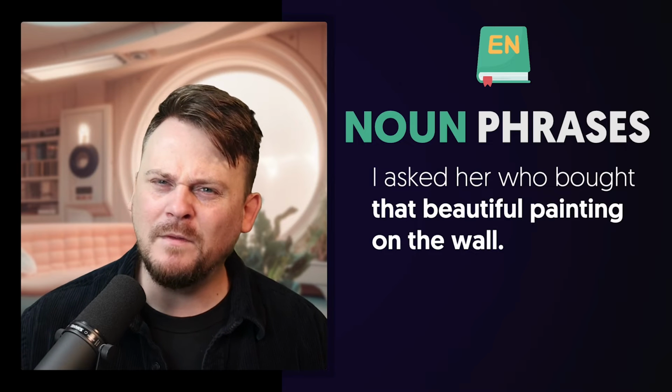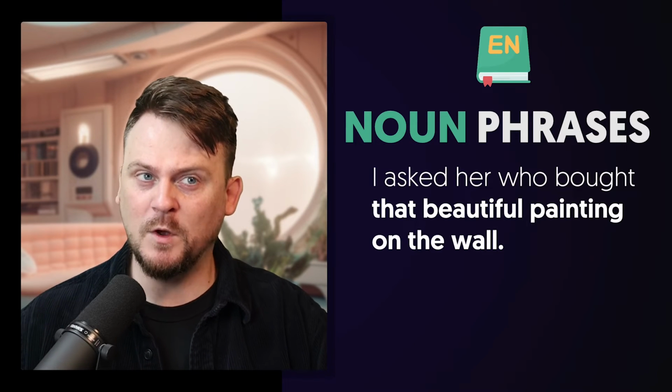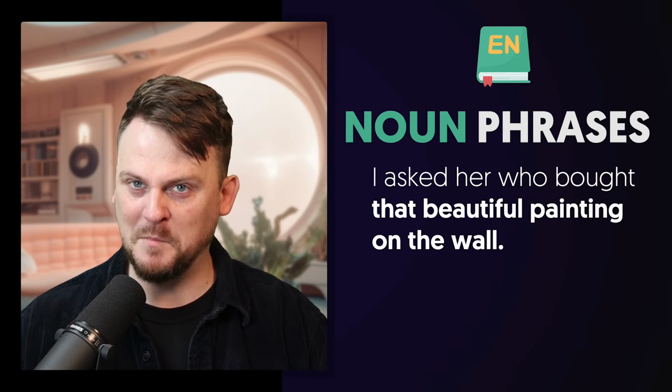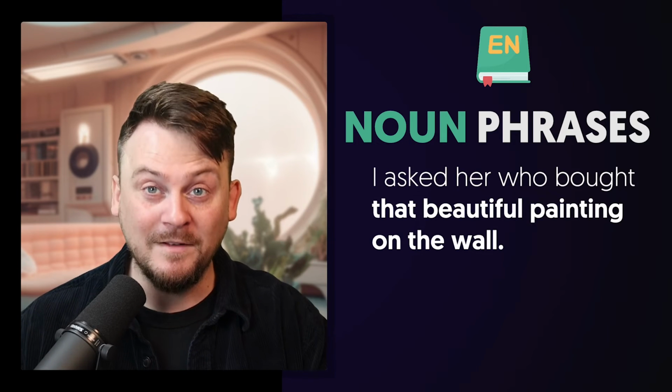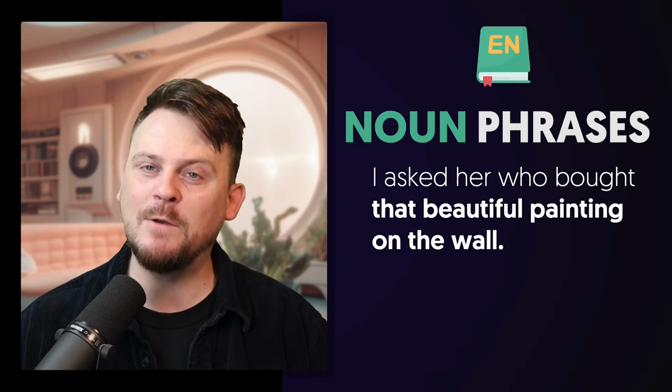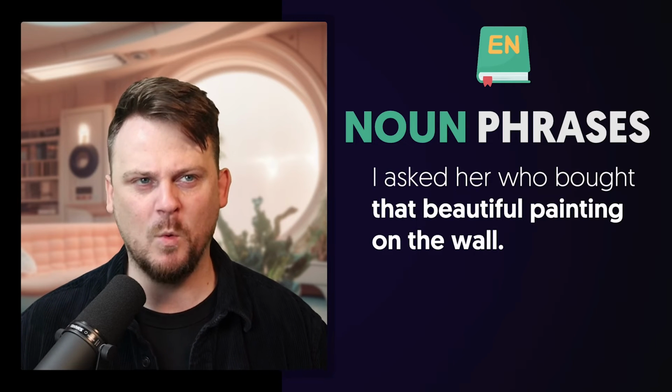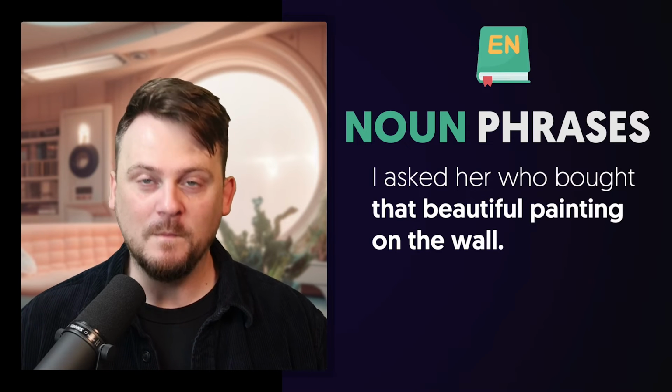Painting. We know it's beautiful, so the adjective is modifying painting, but on the wall is modifying our understanding of painting in regards to its position. We know where it is. It's on the wall. So that prepositional phrase is part of the noun phrase.